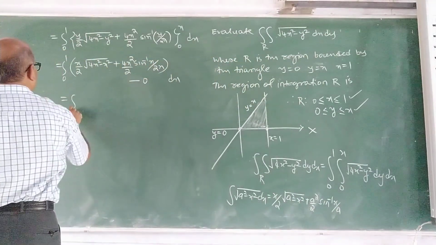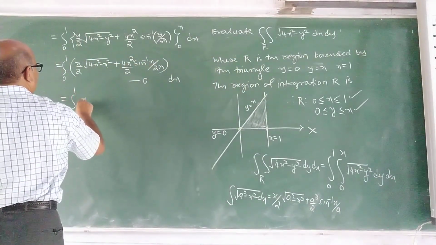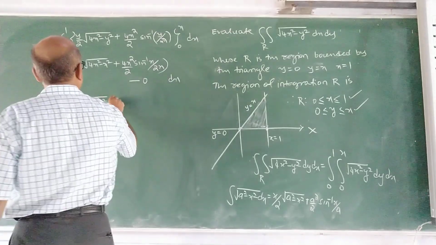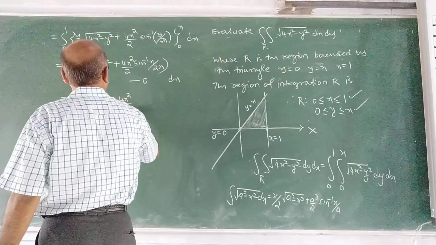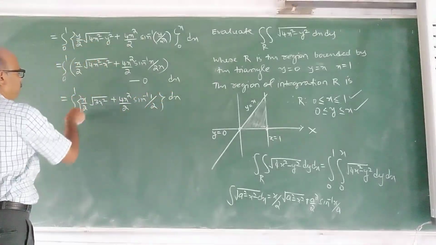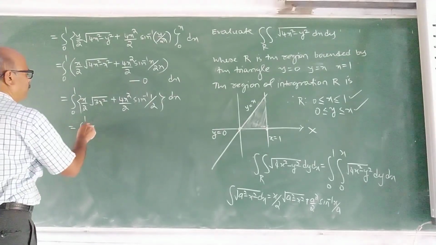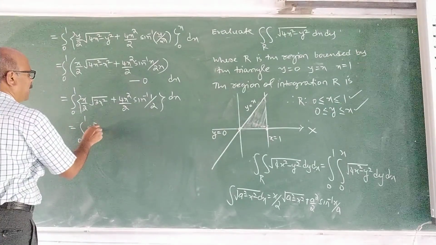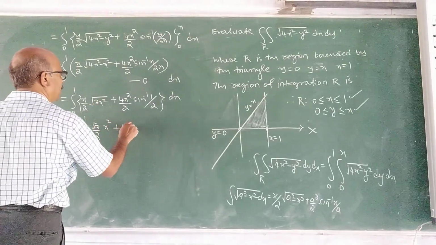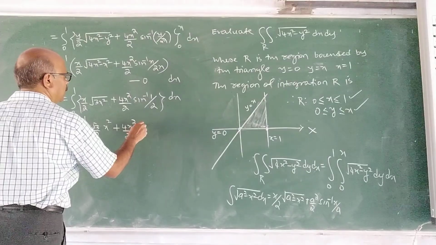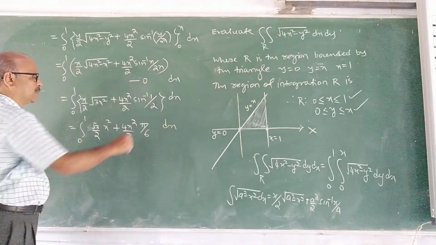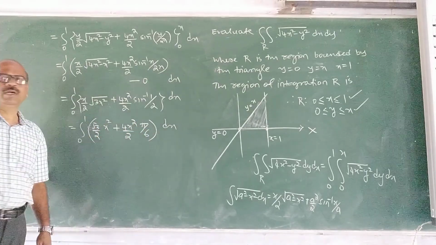Therefore, 0 to 1, x by 2 root of 3x square plus 4x square by 2 sin inverse half, with respect to x. That is 0 to 1, root 3 by 2 x square plus 4x square by 2 sin inverse half, which is pi by 6, with respect to x.